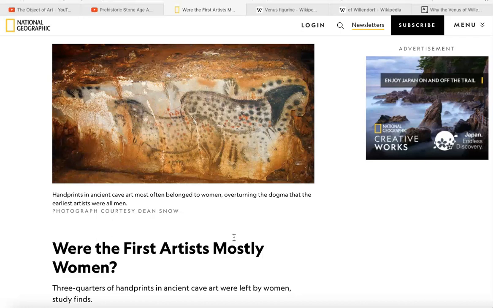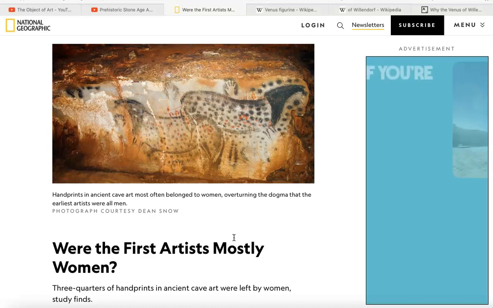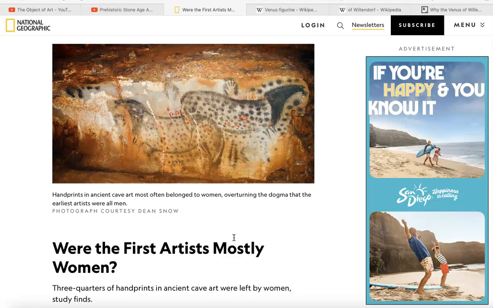You're not going to see any men. You might see one man in the rhinoceros and disemboweled bison painting, lying down, and you can see his private area. That's the only way you know it's male. Other than that, if you see a human being depicted in prehistoric art, it's going to be female.